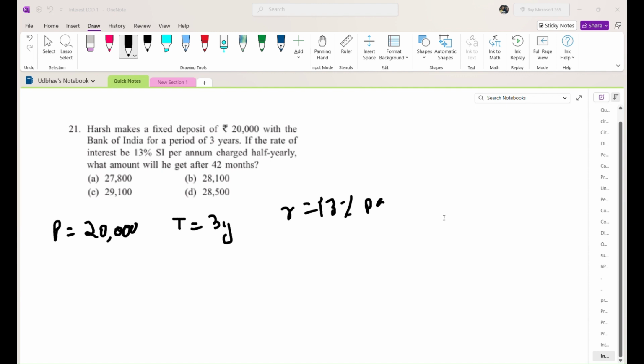So the rate is per annum, so for half year it will be 6.5% half yearly.